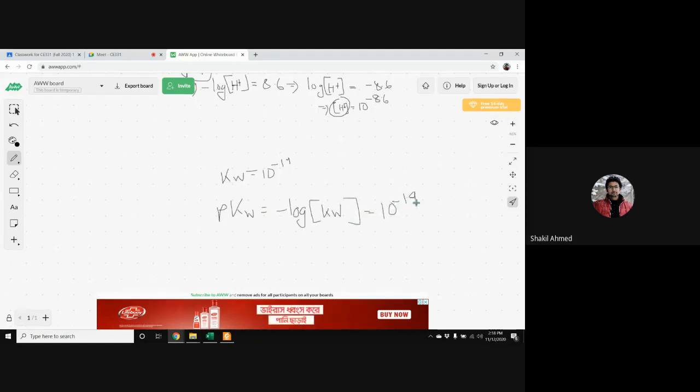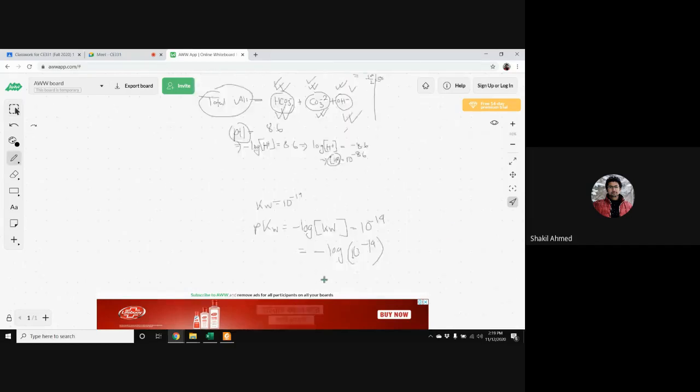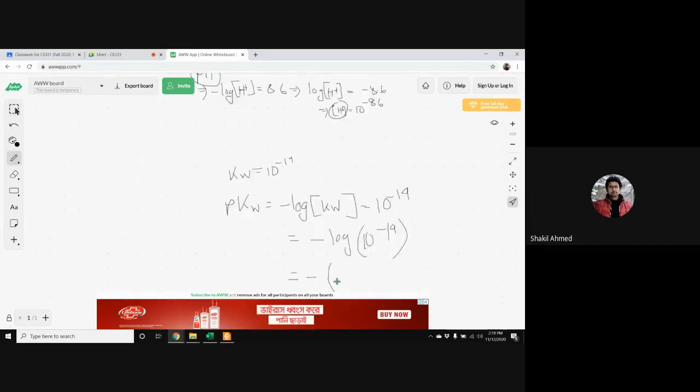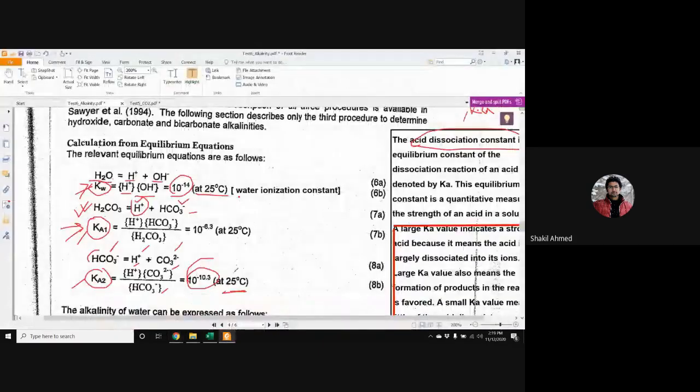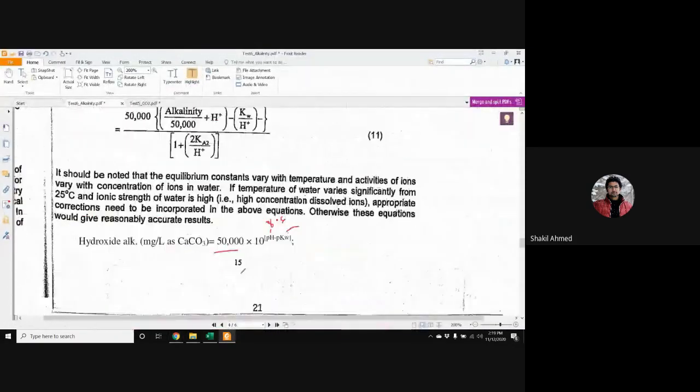So negative log of 10 to the minus 14: log of 10 to the minus 14 is minus 14, so it becomes 14. So pKw is actually 14. So you put the value here.